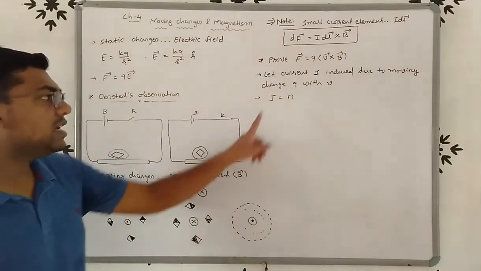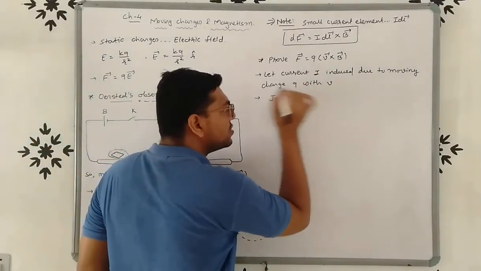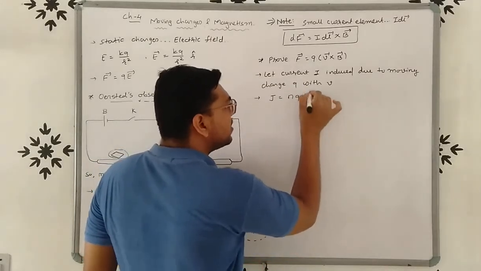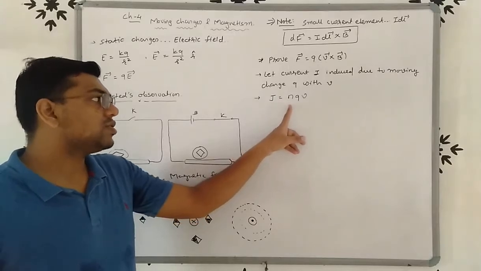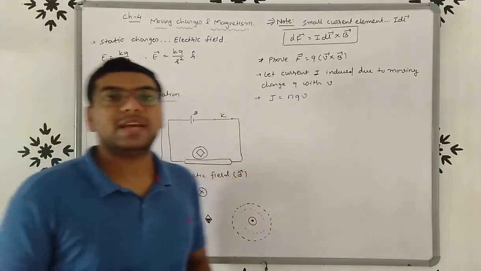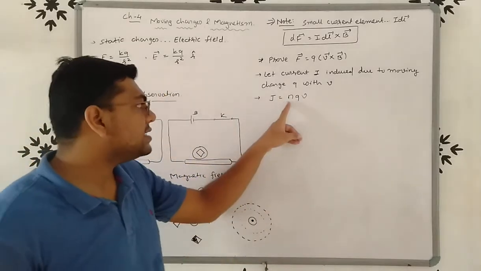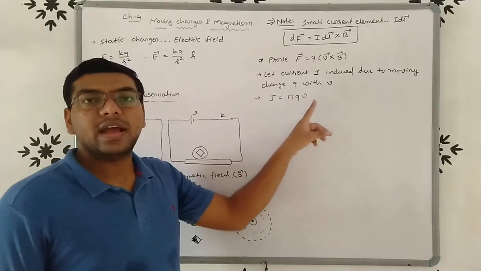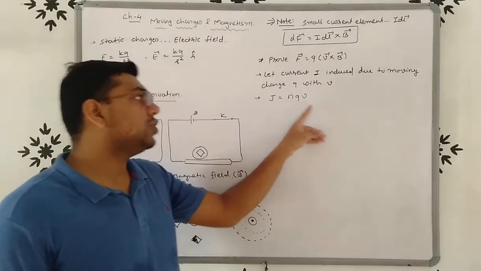Instead of charge e, here charge is Q, and instead of velocity Vd, here velocity V. So we can write that current density J is equal to NQV.